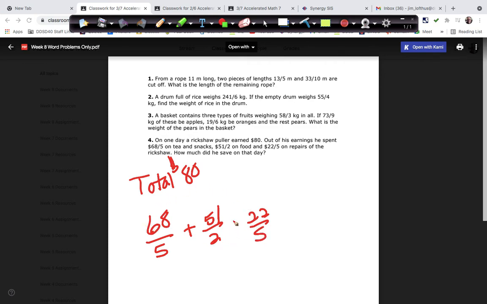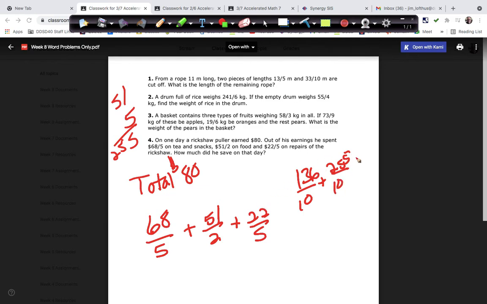So let's add these together. And so we're going to have a common denominator of 10. So we're going to double this 68 to 136. 136/10. Multiply this by 5. So 5 times 51 is 255. 255 tenths.